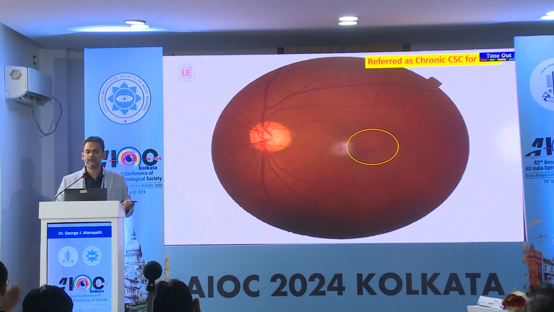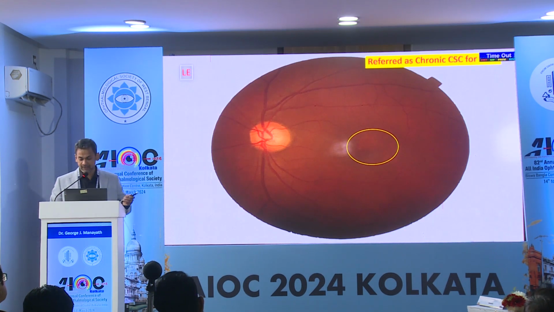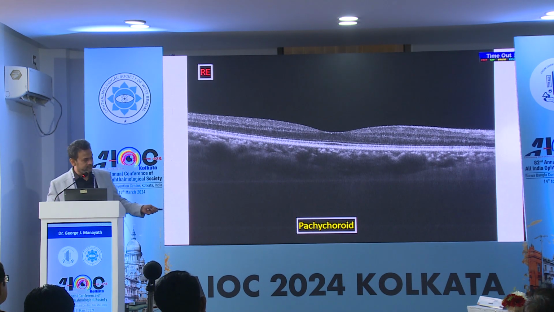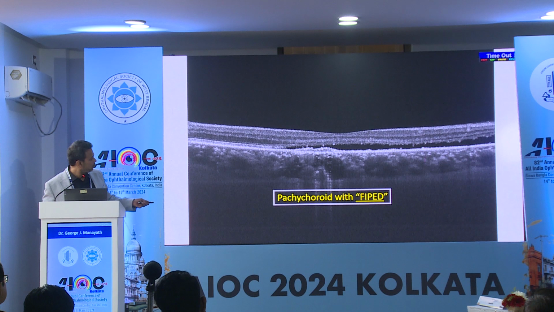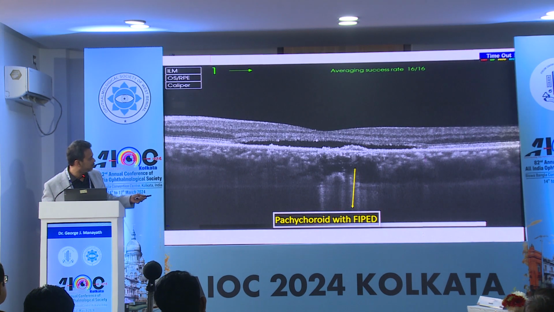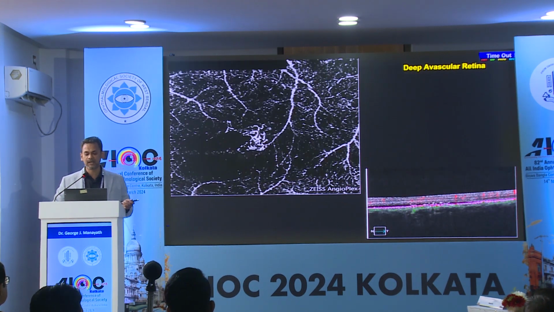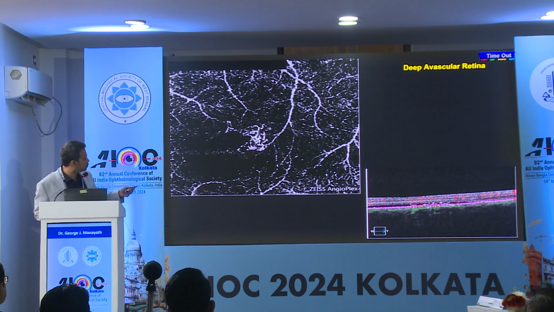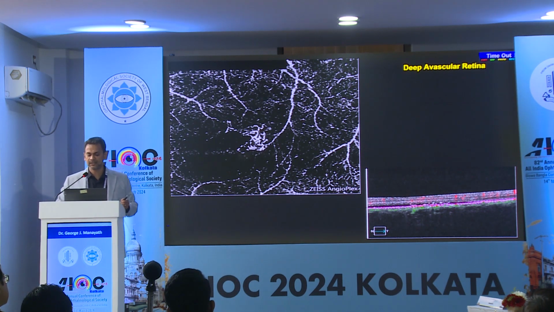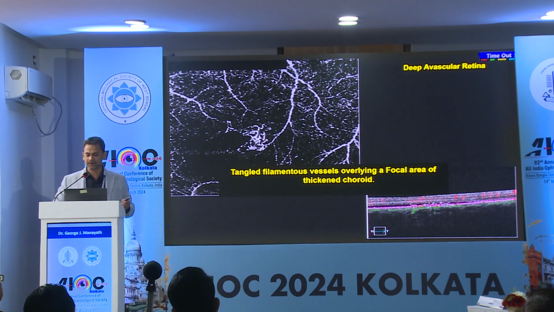This patient was referred as chronic CSR with subretinal fluid, but you see the pachychoroid features in the other eye, with a shallow irregular or flat irregular PED overlying pachy vessels. OCTA is very sensitive and specific in picking up the deep avascular retina, a filamentous network suggesting pachy neovasculopathy in this setting, and it is not a chronic CSC.